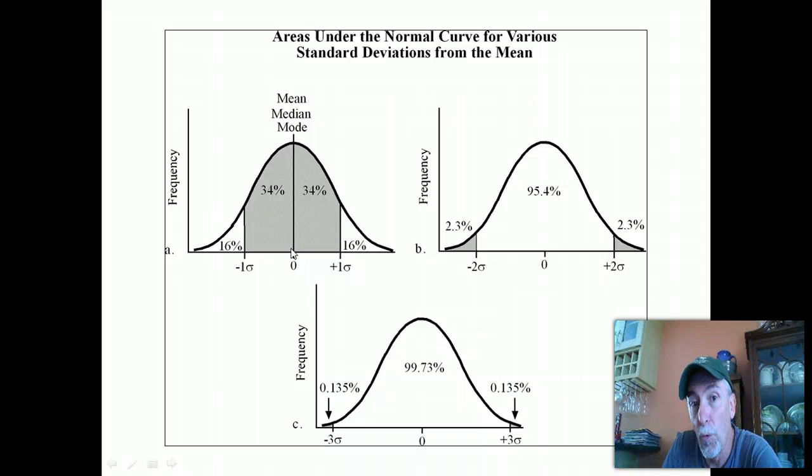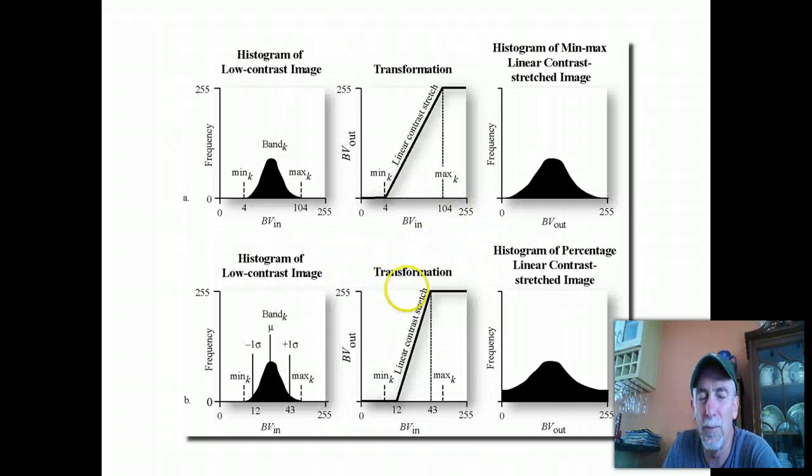And so in the normal distribution, approximately 2/3 of the entire distribution, or 2/3 of the entire image, if we're thinking about images here, falls within one standard deviation plus or minus of the mean. Two standard deviations, approximately 95%, falls within that range of the mean, and then 3 standard deviations, over 99%, typically in a normally distributed image, falls within 3 standard deviations of the mean. So these are somewhat useful when we start doing stretches.